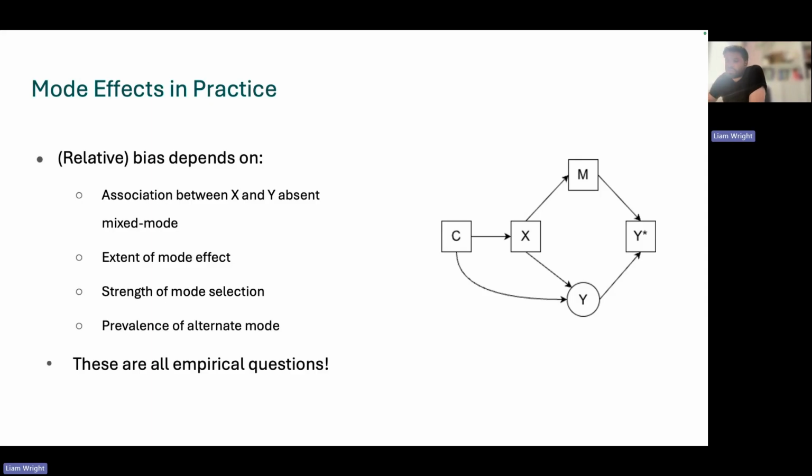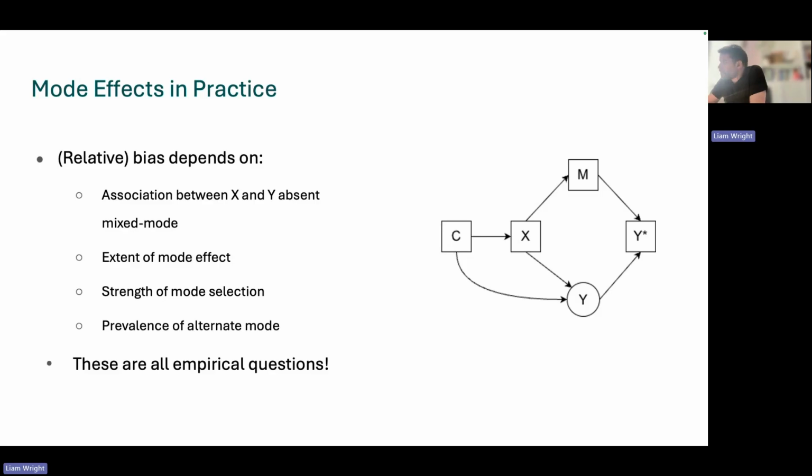It also depends on the strength of mode selection in practice. So this is the degree of imbalance across modes in the characteristics of individuals. And this is particularly related to the prevalence of the alternative mode. So in a lot of sequential mixed mode designs, what you might see is something like 80 to 90% of individuals are in the reference mode.